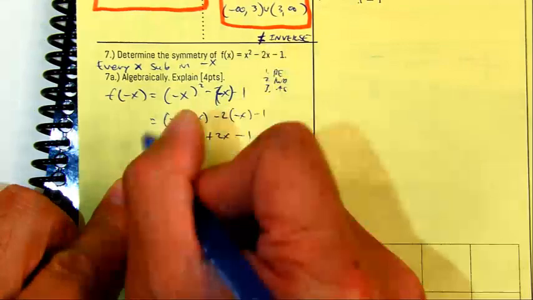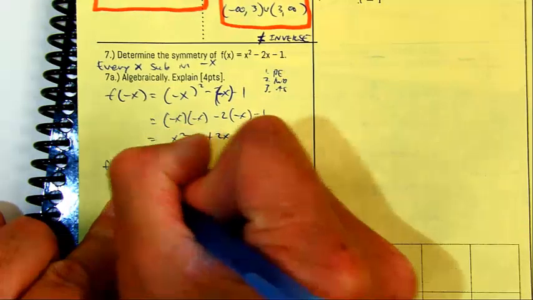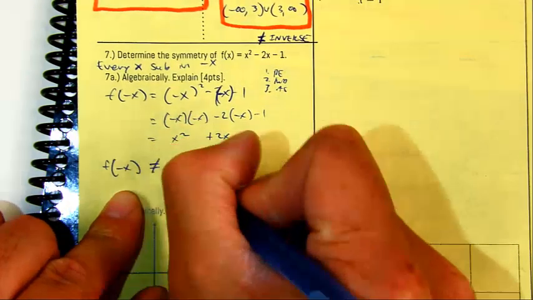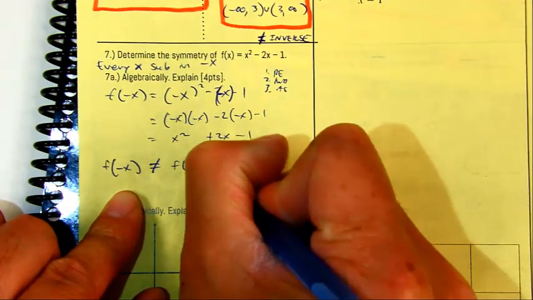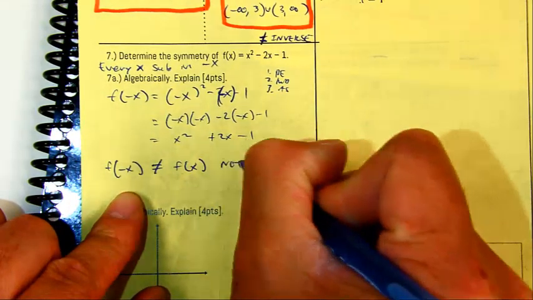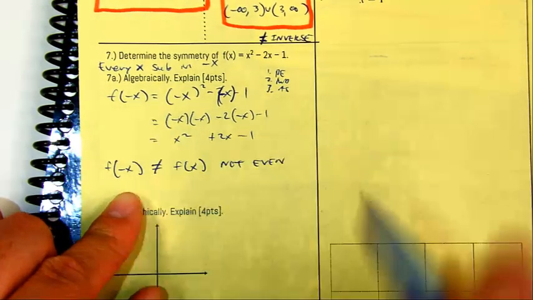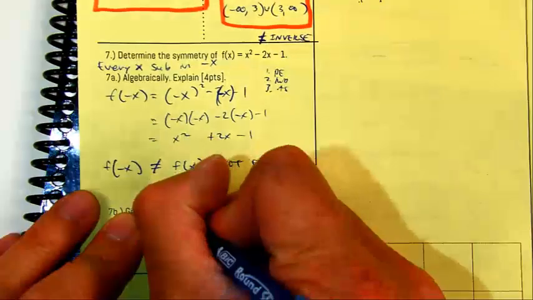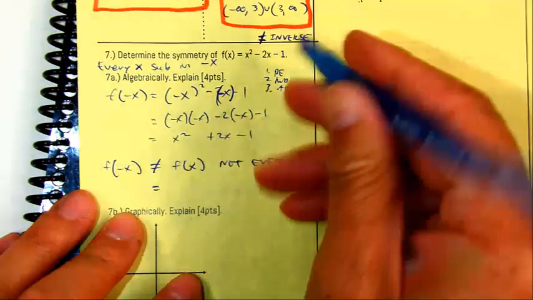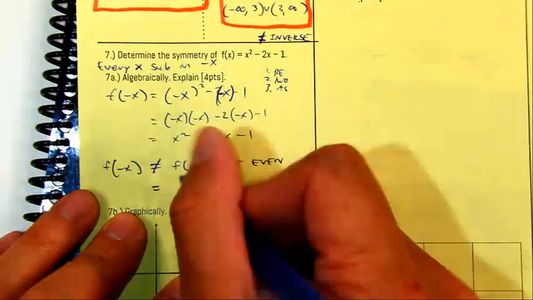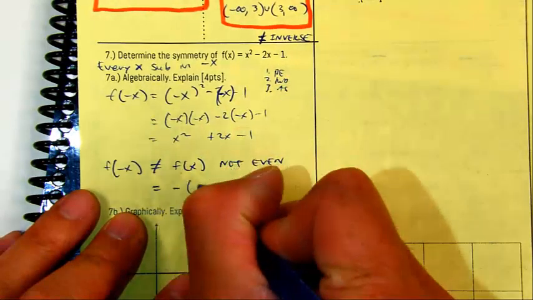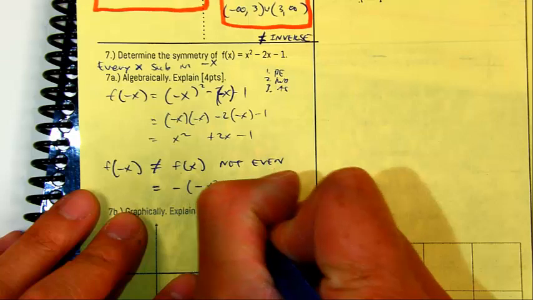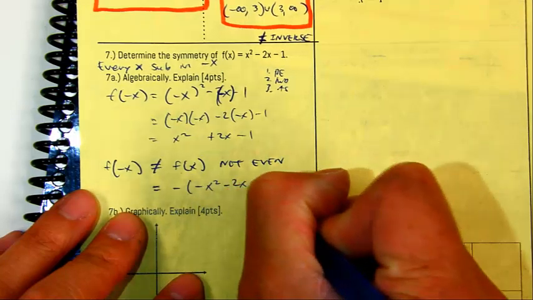So it is not equal to the original. What does that mean? Not even. If I factor out a negative 1, this would be negative x squared plus 2x plus 1.